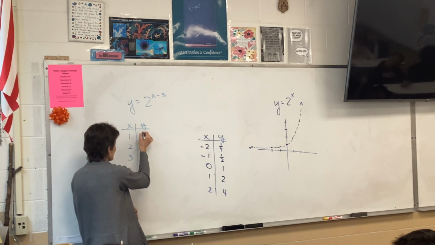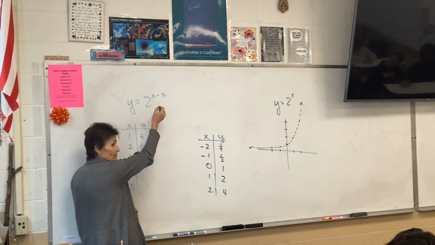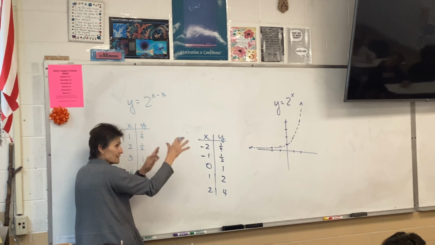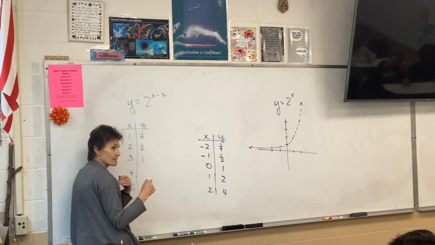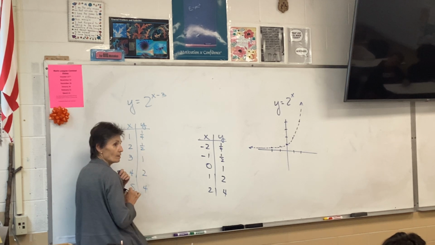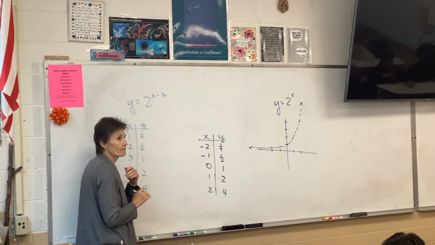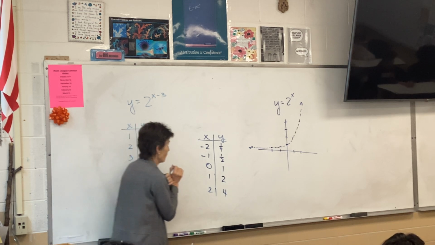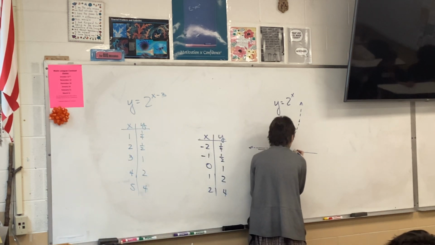But the y's aren't changing, because in this equation, the only thing that changed was the x's. So the x's are changing, but the y's are not. So now I'm going to plot those points.